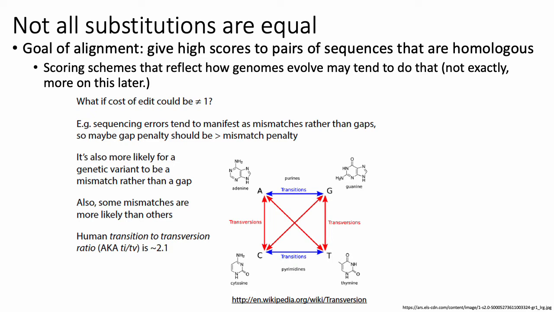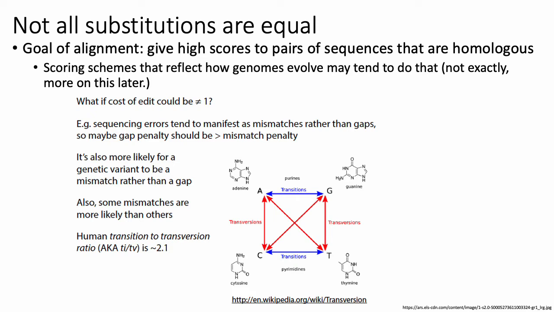And so if your goal is to, for example, give high scores to pairs of sequences that are homologous, then one way that you should do that is by making scoring schemes that tend to reflect how genomes evolve.